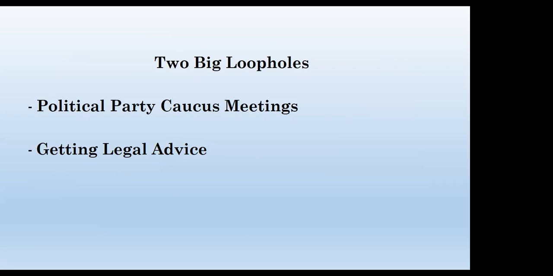There are two big loopholes in the law that drive me crazy, and you should be aware of. One is the political party caucus meetings. Members of the same political party are allowed under the law to meet in private. So if your town board is 3 Republicans and 2 Democrats, the 3 Republicans can have a private meeting of just the Republicans only.